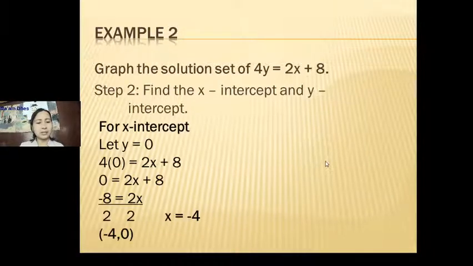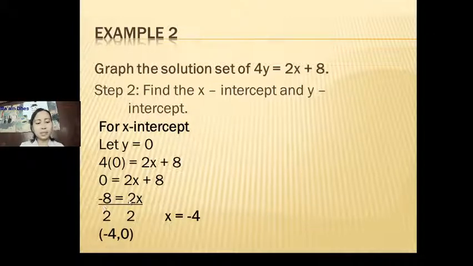Okay, for the x intercept, let y be equal to 0. So using our equation, you have 4 times y, which is 0, is equal to 2x plus 8. Then 4 times 0 is still 0, is equal to 2x plus 8. Let's transpose this to the left side, so you will have negative 8 is equal to 2x.